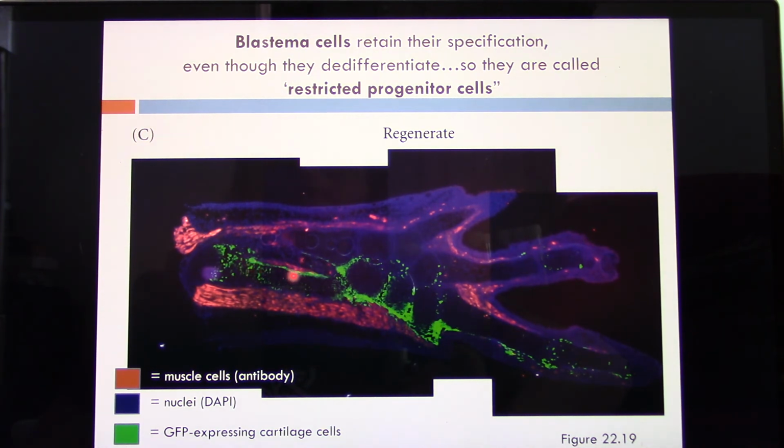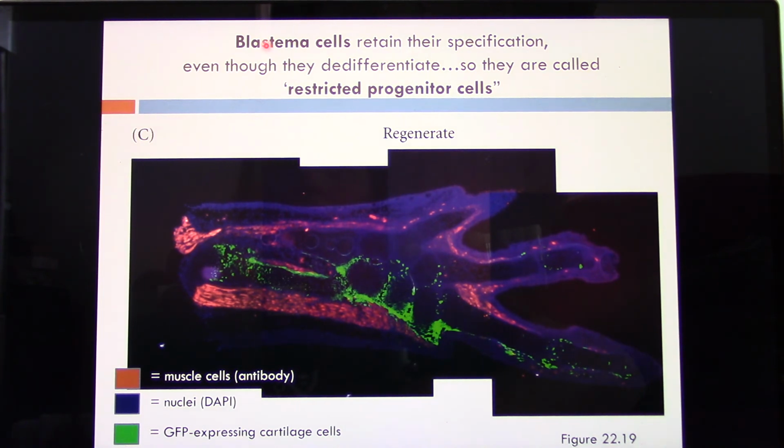The old cartilage cells de-differentiated and only created new cartilage cells here. And you can see that there are these other skin cells that are dyed blue that also did not come from the green cartilage cells.